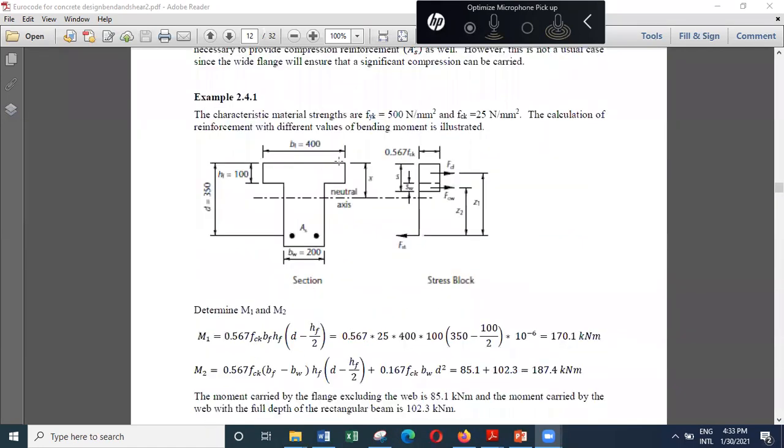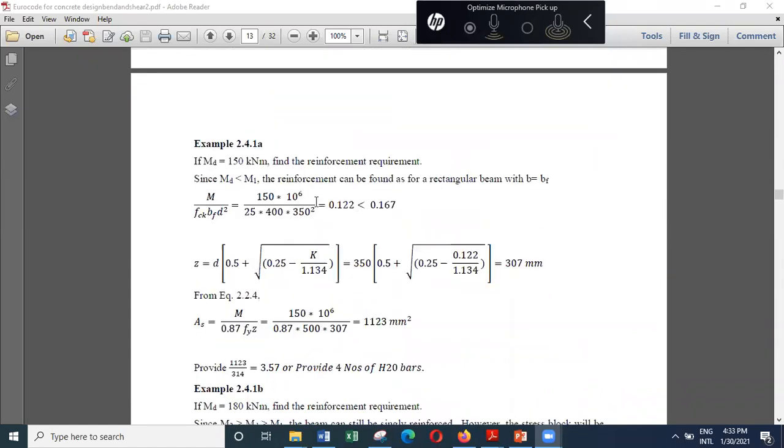So width of the section is considered as the flange width, and it's less than 0.167, and you can find the value of Z, 307 millimeters, and the area of reinforcement can be found.